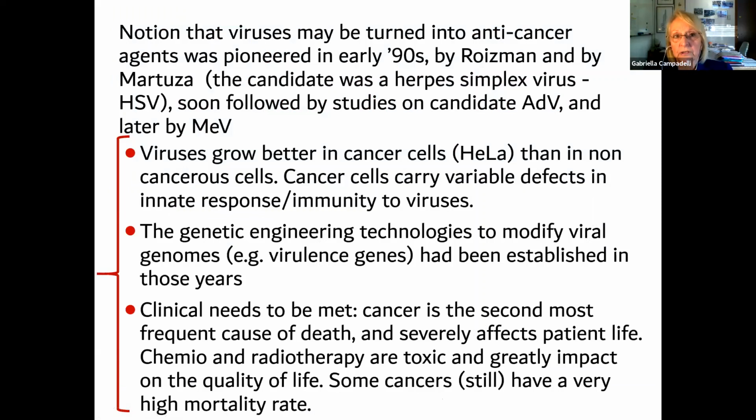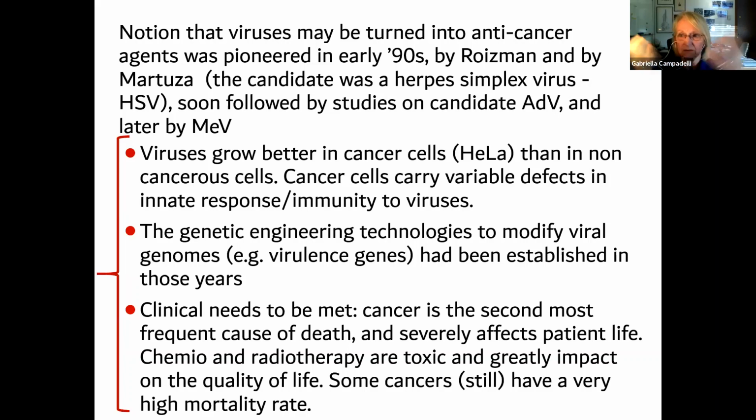So the notion that viruses may be turned into anti-cancer agents was pioneered in the early 90s by Roseman and by Bertuzza. Bertuzza is actually a neurosurgeon at Harvard, and they both derived the idea separately, actually, that viruses can be turned into oncolytic viruses.